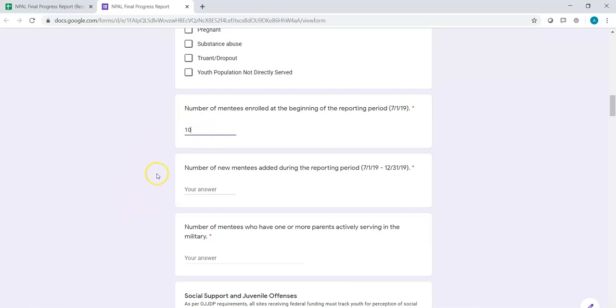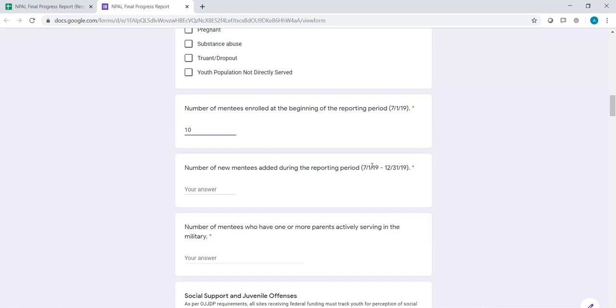The next question is number of new mentees that were added during the current reporting period. So that's since July 1st of this year. You can see this goes to the end of the current year through December 31st of 2019. That's because that is the full reporting period. However, most organizations finish before the holiday season kind of starts.